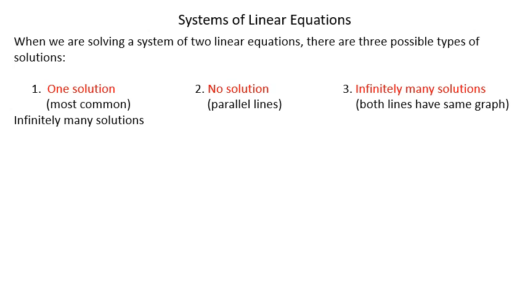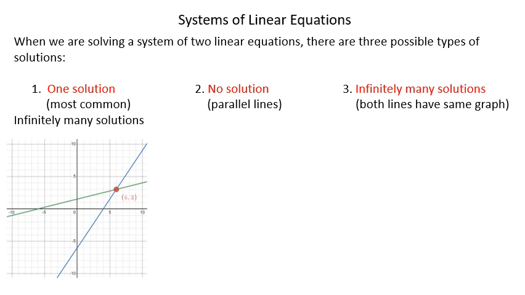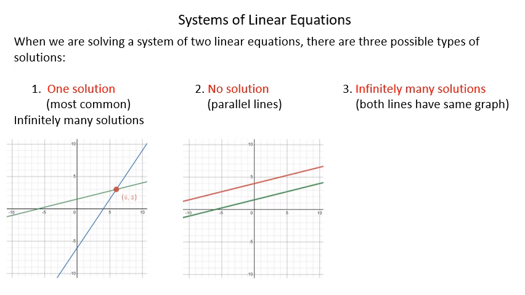If you pick two random linear equations, the most common thing to happen is that they intersect in one point. You get one solution. But it's possible that the system has no solution.